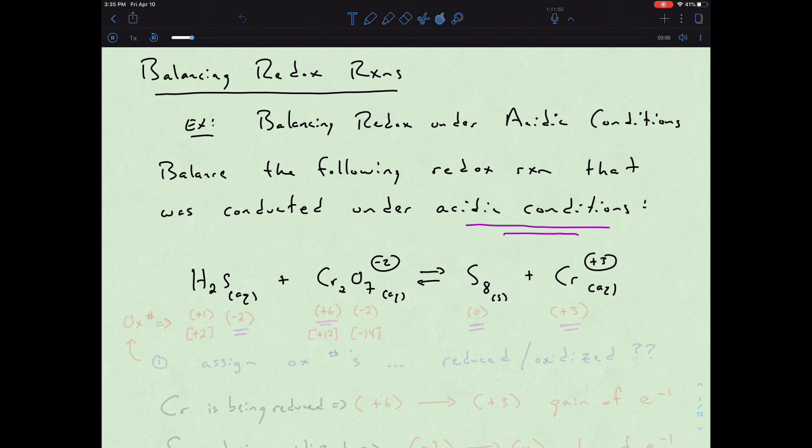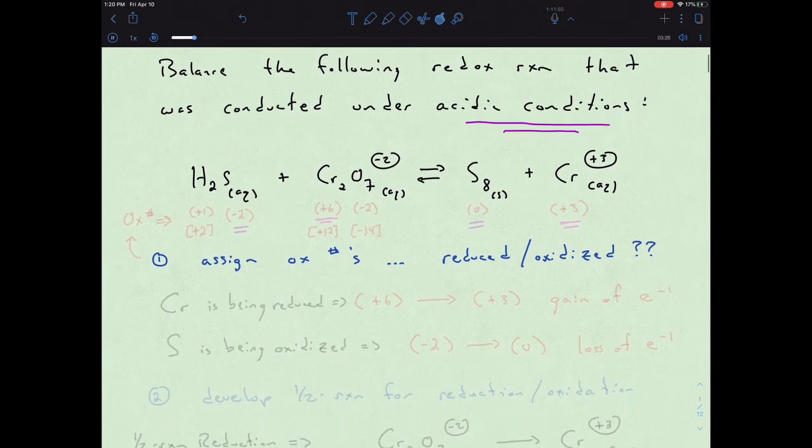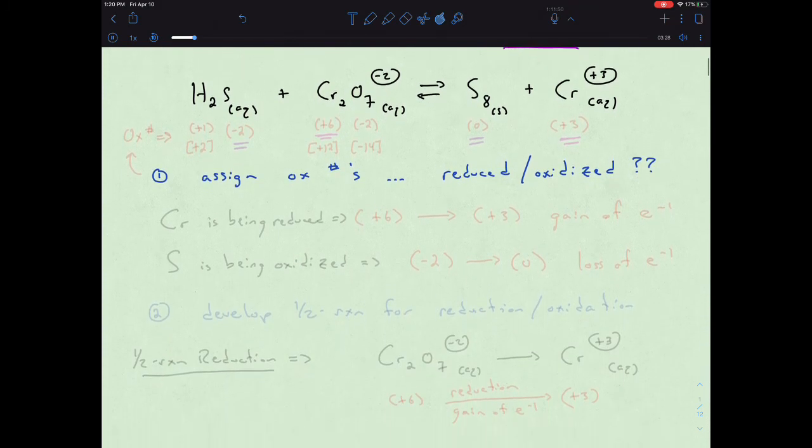So to reinforce our method, the first step was to assign oxidation numbers. And so what we're looking for is what is being reduced, what is being oxidized.